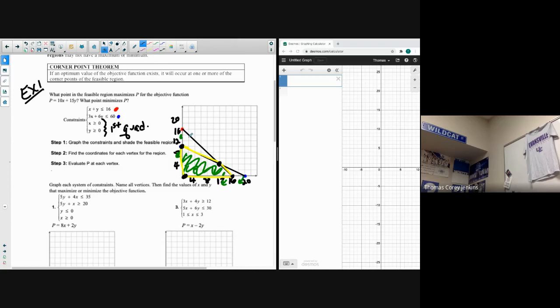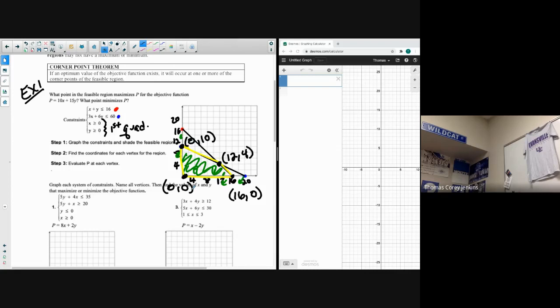We already know that one is (0, 10). This one looks like (12, 4). This one is (16, 0), and then we have (0, 0). So those are the vertices that we need to test.